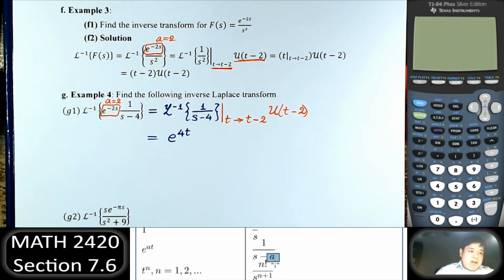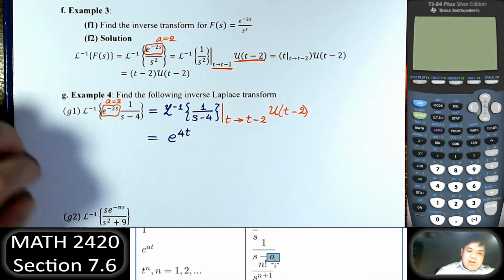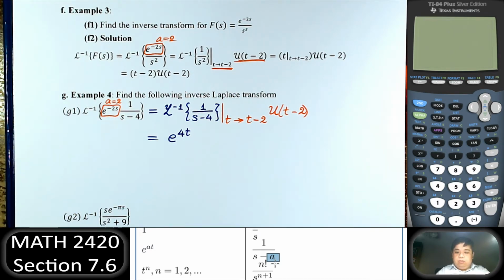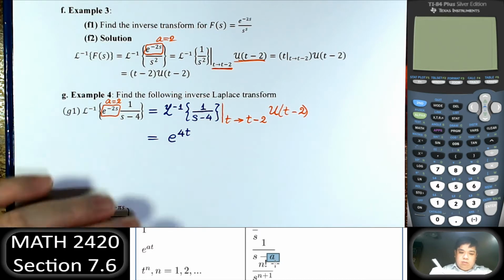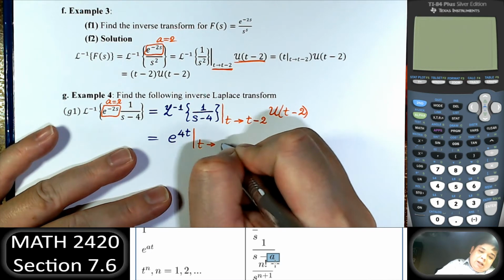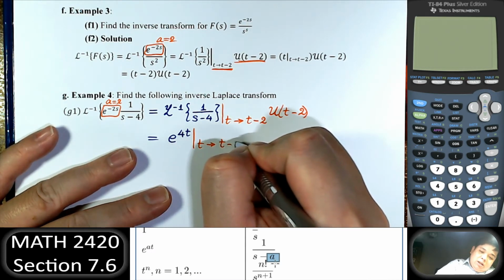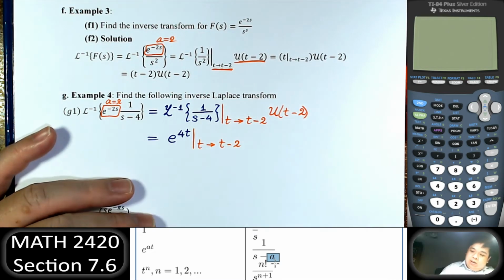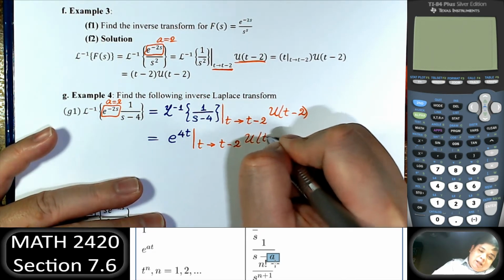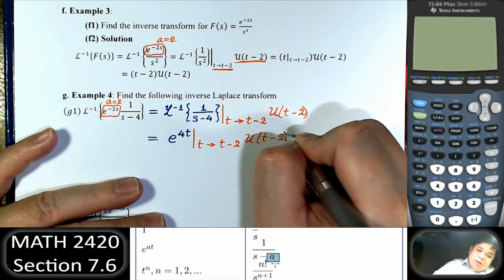And then we have to replace the t by t minus 2, and then the unit step function of t minus 2.